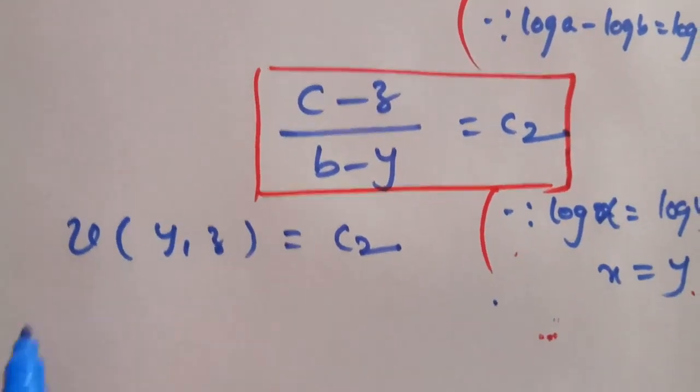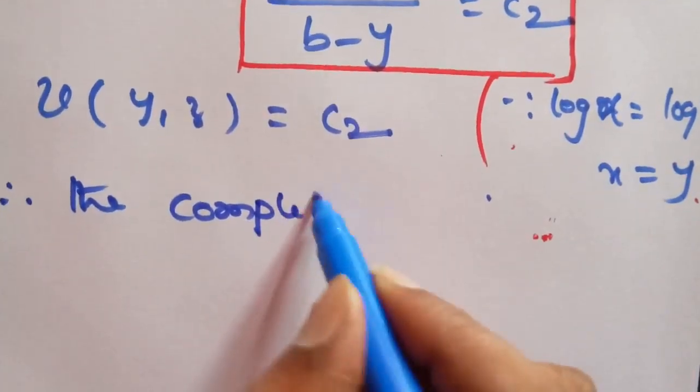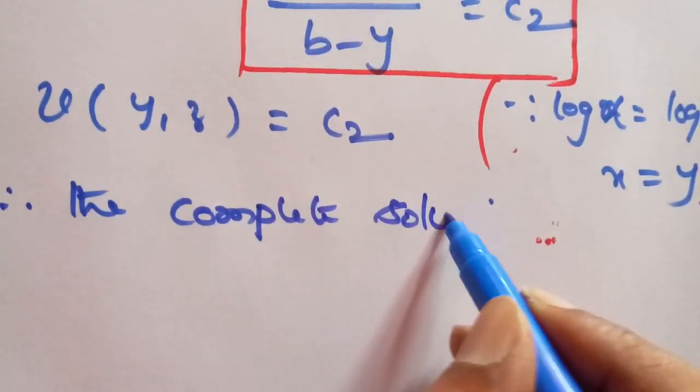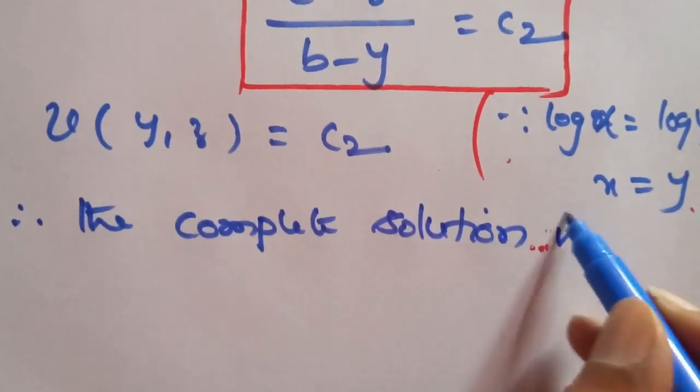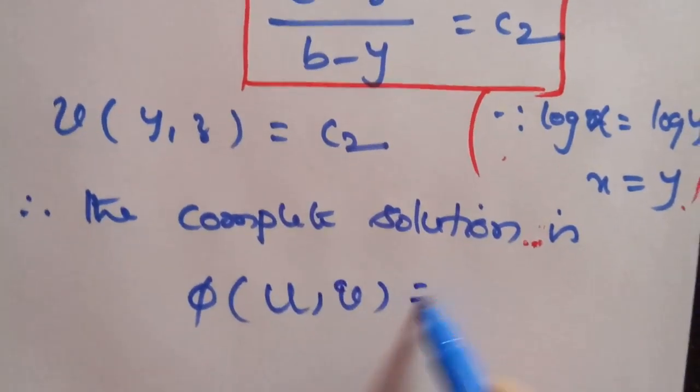Therefore, the complete solution is phi of u comma v is equal to 0.